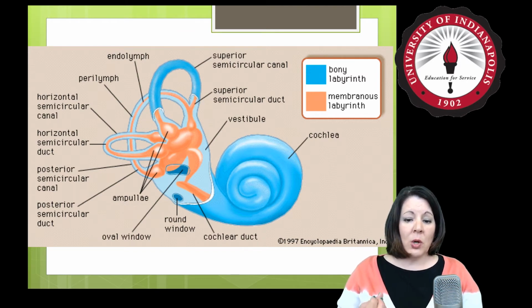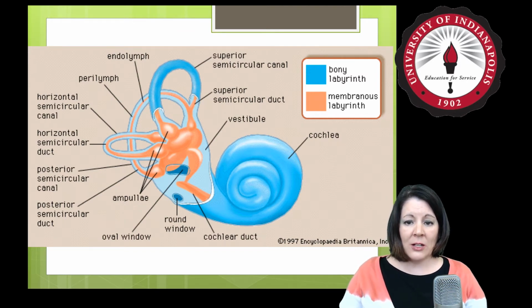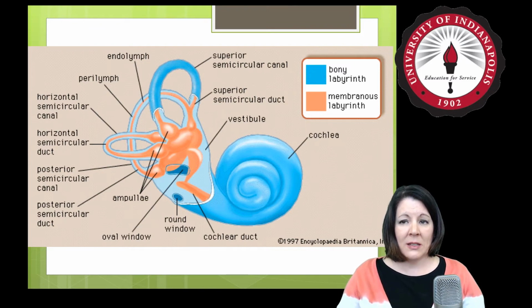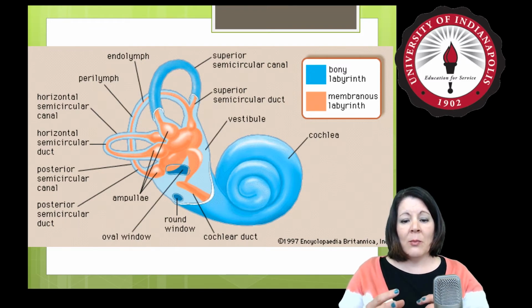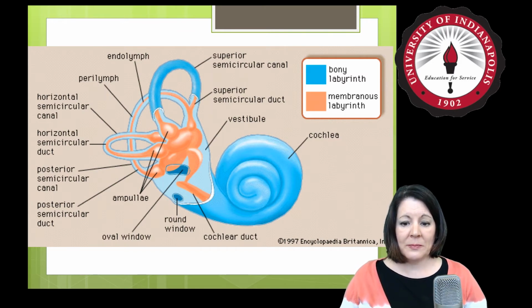That's exactly what the bone is like. So the bony labyrinth inside your head is actually a negative space, allowing for the membranous labyrinth to line it and to provide the soft structures of the vestibular system.